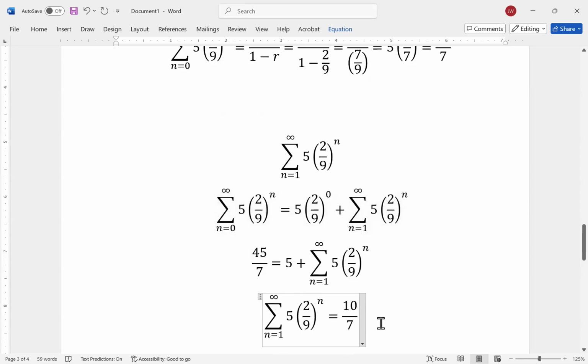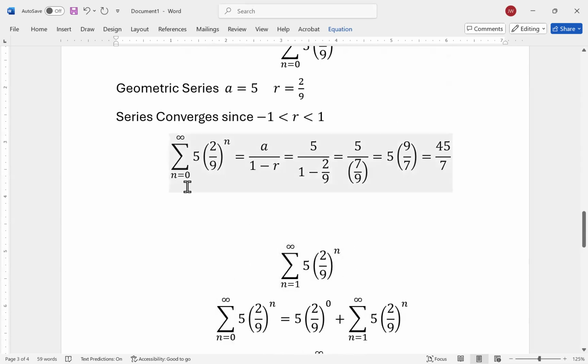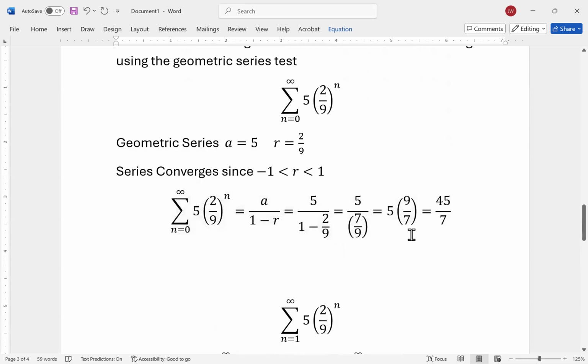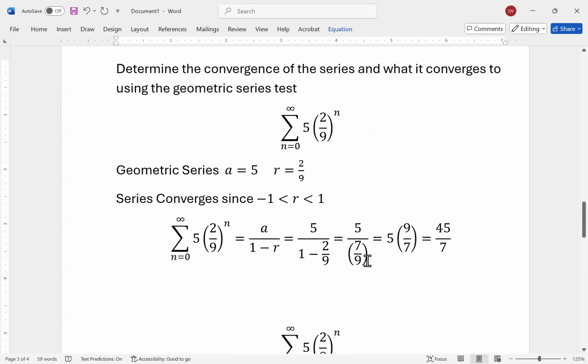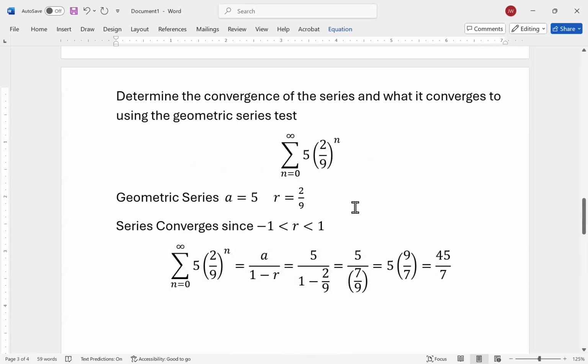But there you go. That's the whole thing there. So starting our count at 1, you get 10/7. Starting our count at 0, we get 45/7. And that's way, way quicker than utilizing the partial sums. And it's a lot easier to see.